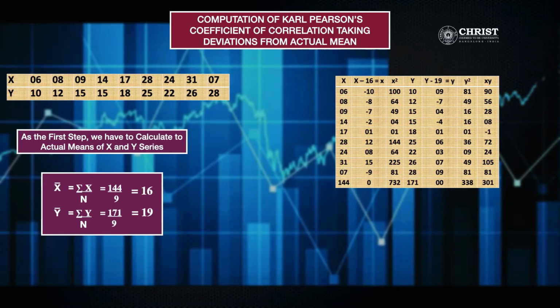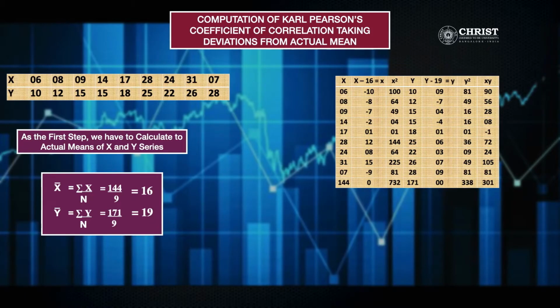Then take the squares of the y deviations: 81, 49, 16, again 16, 1, 36, 9, 49 and 81. The total of y squared is 338. Now multiply small x into small y, that is xy: 90, 56, 28, 8, minus 1, 72, 24, 105, minus 81. The total is 301. Now you have to substitute these values in the equation.